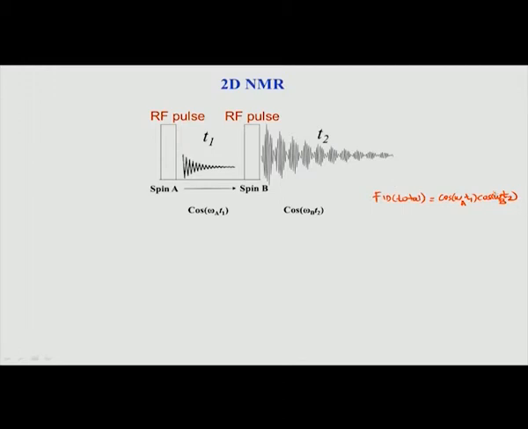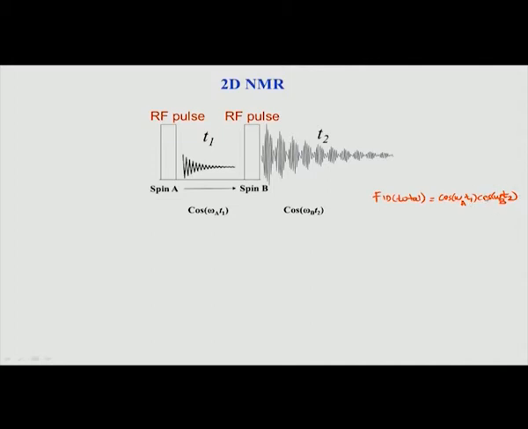Now the total FID. Focus your attention on this part, omega T2. The intensity of this frequency, which is the amplitude, is multiplied with another factor. Therefore, this intensity now has the chemical shift information of A, because the factor cosine of omega A is now modulating the second FID.